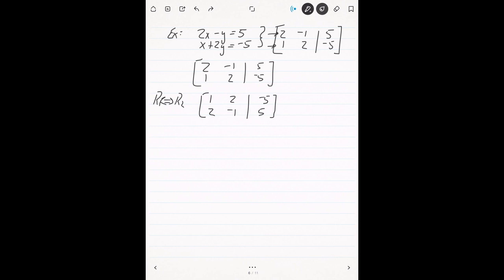Now, let's try to think, how can we get these values to be 0? Now, I could just multiply this entire row by 0, but oh wait, I'm not allowed to do that. And that would get rid of the 1 there. So, no, I'm not going to multiply by 0.